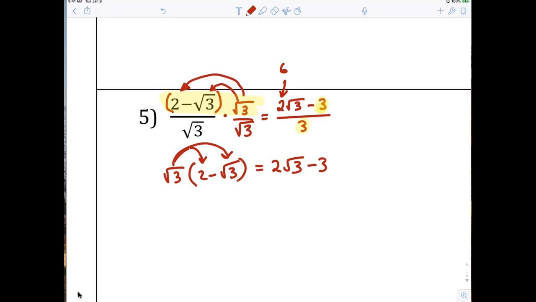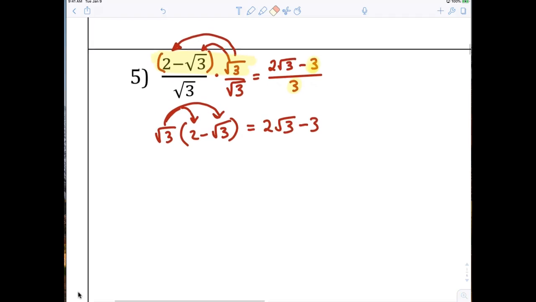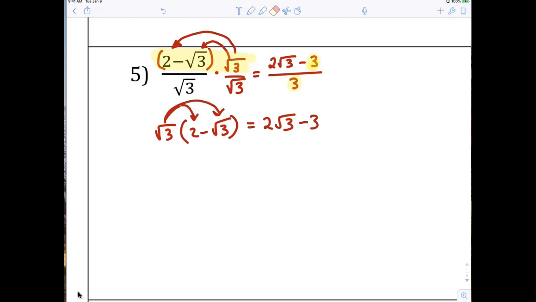How come when you're multiplying that, how come it's not 2 or 2 minus 3? Because right here, I'm distributing a radical 3. Try not to think about what we did yesterday. Think about I'm multiplying that times that.